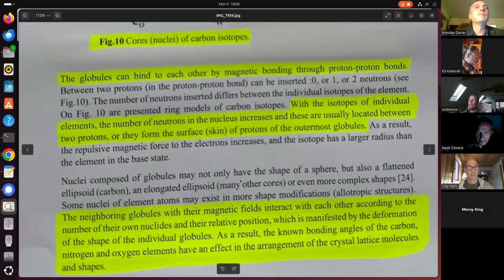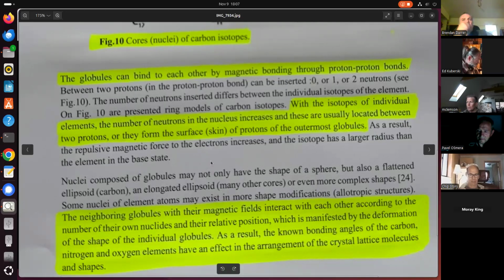Nuclei composed of globules may not only have the shape of a sphere, but also of a flattened ellipsoid, carbon, or an elongated ellipsoid, many other cores, and even more complex shapes. Some nuclei of element atoms may exist in more shape modifications and anisotropic structures.